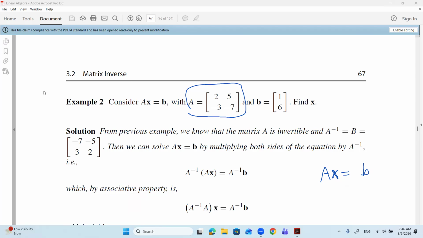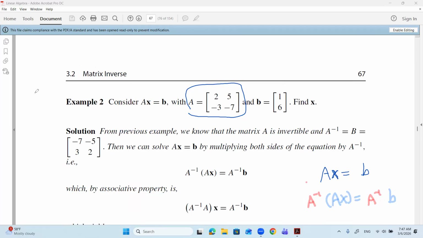If we know the inverse of A, then we just multiply both sides by A inverse, because these two vectors are the same. So AX equals B, then A inverse times AX is equal to A inverse times B from the left-hand side.